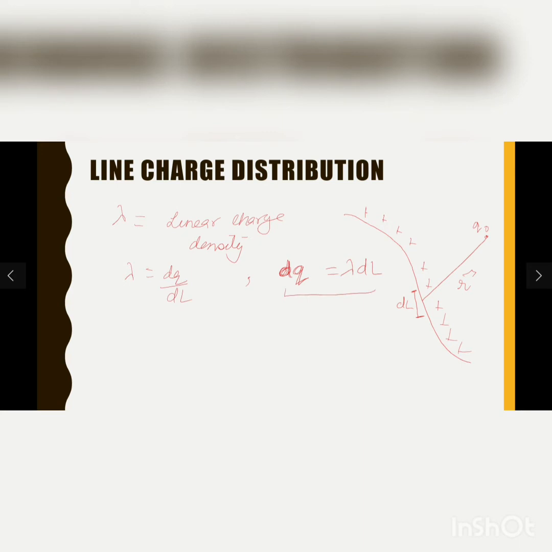Now I know the amount of charge contained within this small element dl. I can take the contribution of this small charge by applying Coulomb's law, Q naught dq over r square r hat. And then to find out the net force due to the whole distribution, I integrate it over the whole line, and that would give me my total force exerted by this line charge distribution.